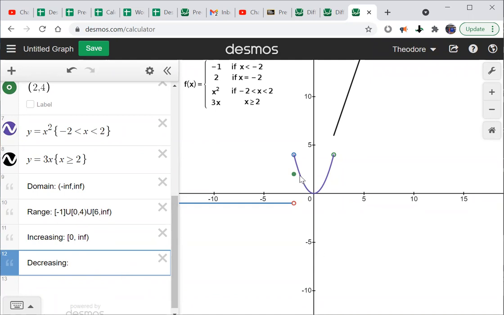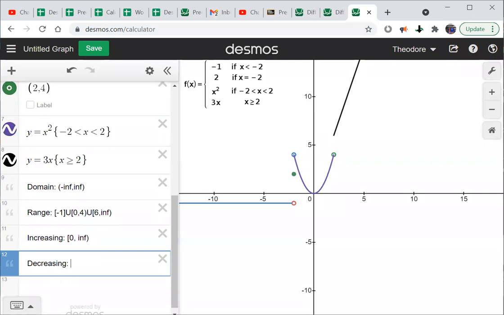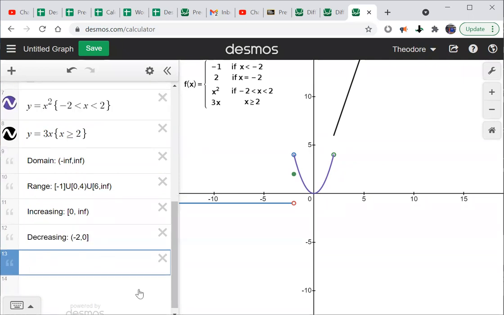For decreasing, it starts decreasing at this location, stops decreasing right here. So from -2 to 0. Constant is where it has a horizontal, so wherever it flatlines.